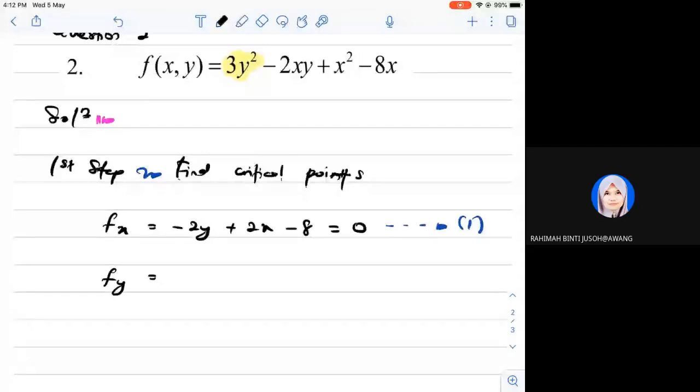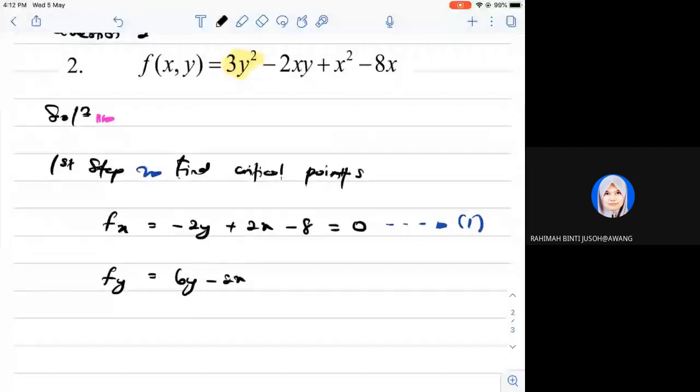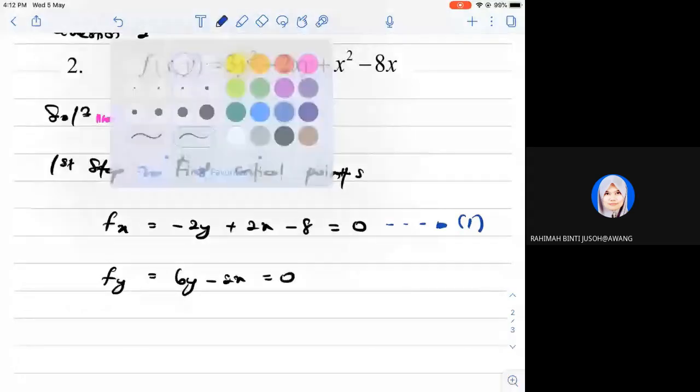And then negative 2x, negative 2x. Then is there anything else? 0, right? Yes, we get 0 here. Therefore, this is the second equation.